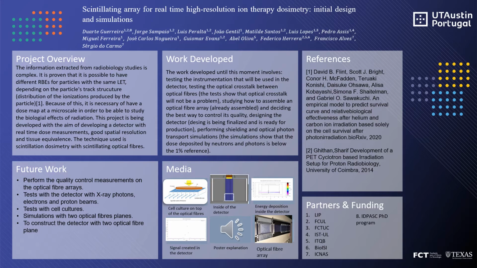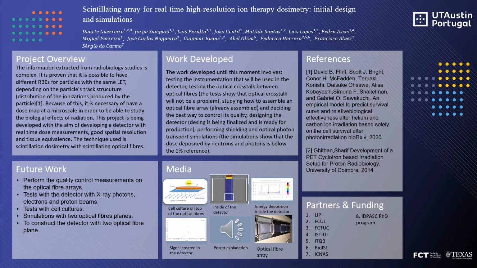The relative biological effectiveness is a complex thing to study because it depends on many factors like the dose rate and the linear energy transfer, which is the average energy deposited per unit path length along the track of an ionizing particle.